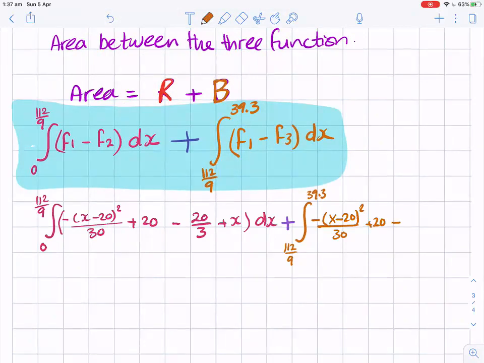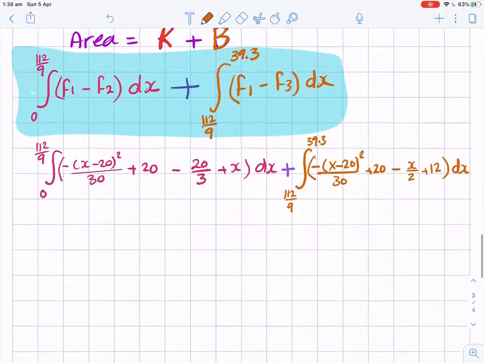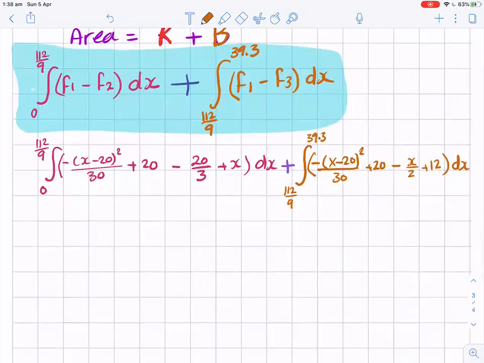Now, minus the line, the equation for the line was x over 2 minus 12. So minus minus is going to become plus. So it's minus x over 2 plus 12 multiplied by dx. Okay, and you work out the limits, and you'll find the answer at the end for the area.